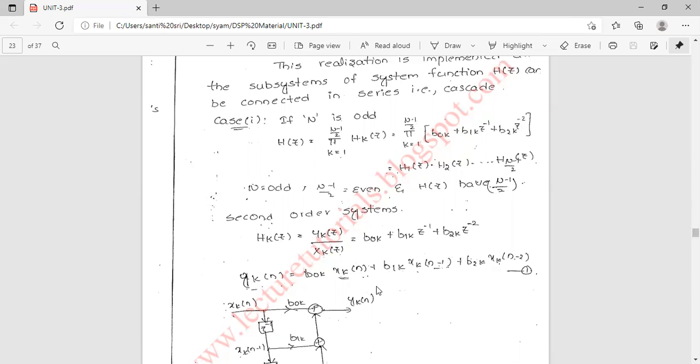So yk of n is equal to b0k into xk of n plus b1k into xk of n minus 1 plus b2k into xk of n minus 2. Let it be taken as equation number 1.